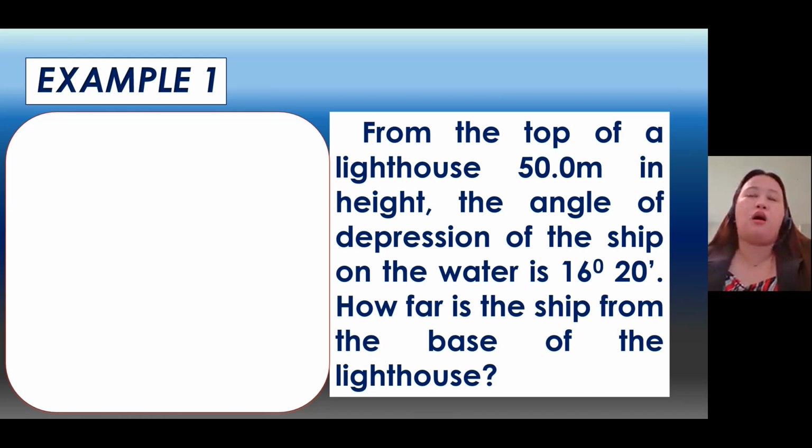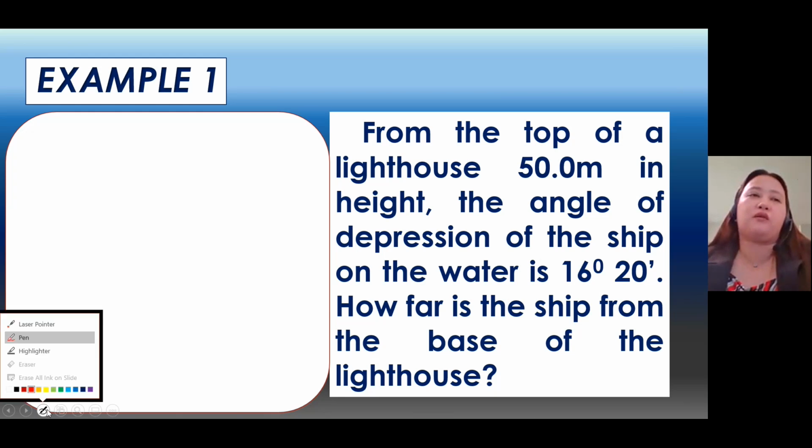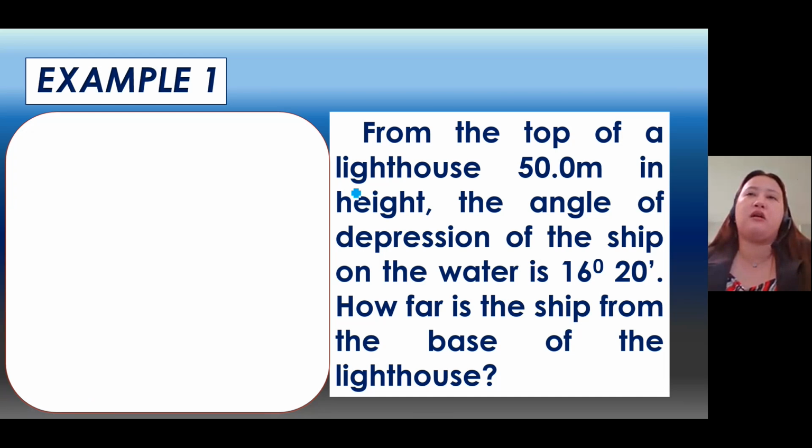Okay, so if we're going to create an illustration of this, you can see that in the problem, there is a lighthouse. The lighthouse is 50 meters in height, and of course, it is standing. Your aim again in the problem is to come up with the right triangle.